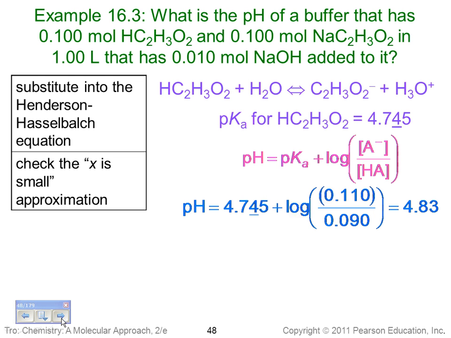Make sure you're working with moles, because you're not always going to be able to do it with 1 liter. But realize that the first thing is stoichiometry, and stoichiometry requires you to know the number of moles. And that's where it has to start. And once I have the number of moles, when I finish my stoichiometry, I have to put it back into molarity. And I come back to molarity to do Henderson-Hasselbalch. So first go out of molarity into moles, do stoichiometry, get those moles, go back into molarity, and work from there.